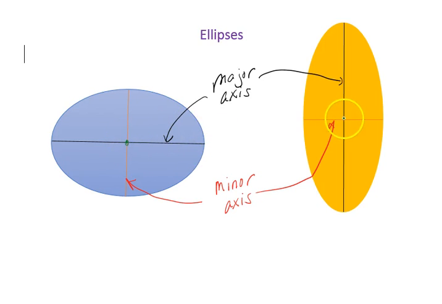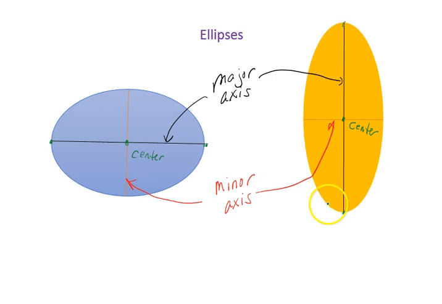And we have a couple of other things going on. Obviously right here and here is the center of the ellipse, and on the ends you have vertices. Some books will talk about the major vertices and the minor vertices.